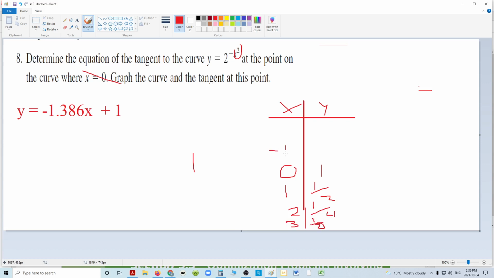When it's -1, though, we get the same thing. When it's -2, we get the same thing. When it's -3, we get the same thing. So again, it's weird to me. This should have been a peak, because it looks like it's going up and then down. Let's graph it.